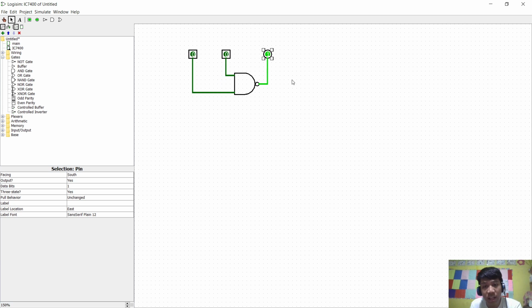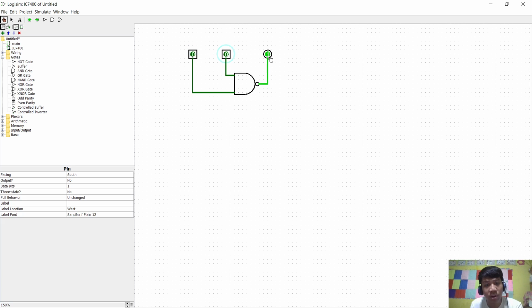The NAND gate is the opposite of the AND gate, because the AND gate is being negated, hence the NAND gate. And if we try to change the input to both 1, the output will be 0.